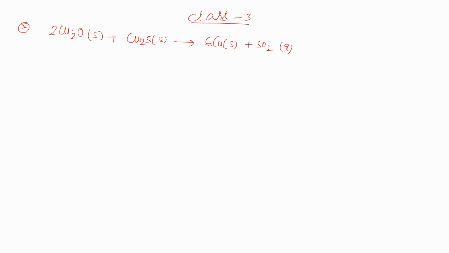To write the answer, before that, I will show you the oxidation state of this copper and whatever is there. So here, if you see, this is the Cu2O. So the copper has +1 oxidation state and oxygen has -2 oxidation state.